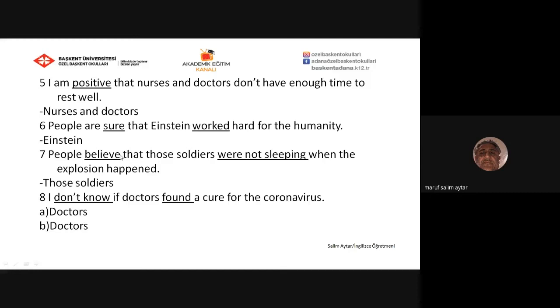Okay. I don't know if doctors found a cure for the coronavirus. Okay. It suggests that we need to make a weak deduction, and it should be about past. So it can be positive and negative too.